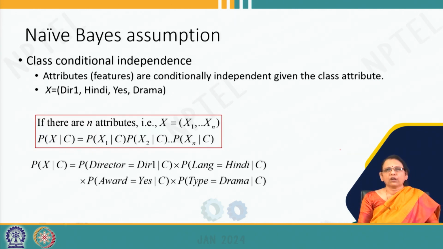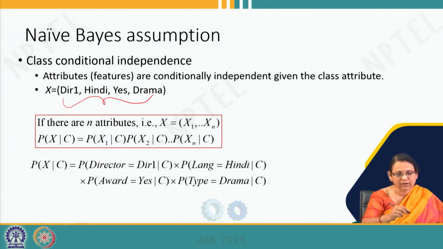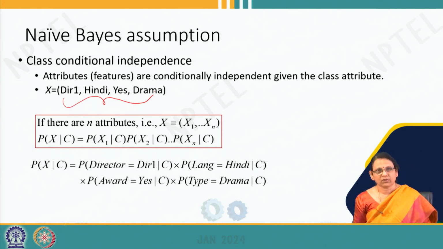Now, come to the computation of x. What is x? X is not a single value, it is multiple values. If they are multiple, it may be possible that these features are dependent on each other.